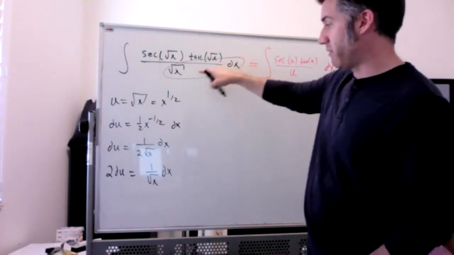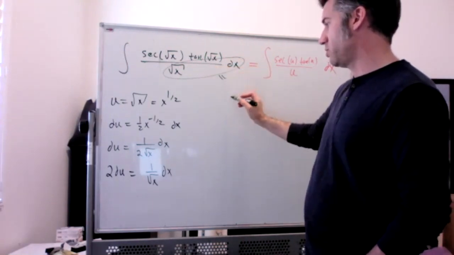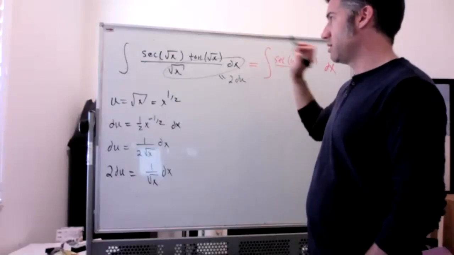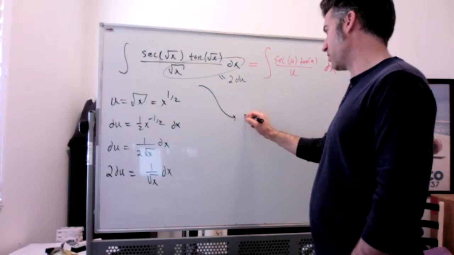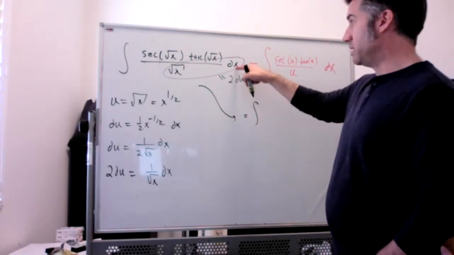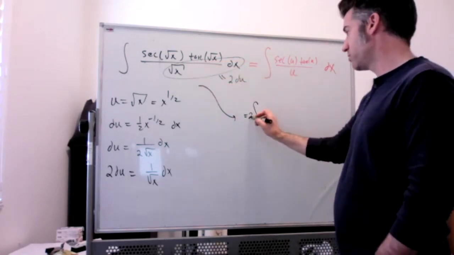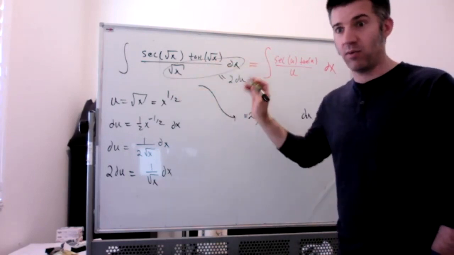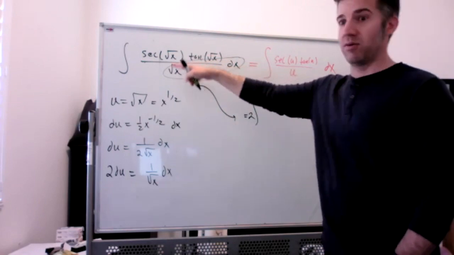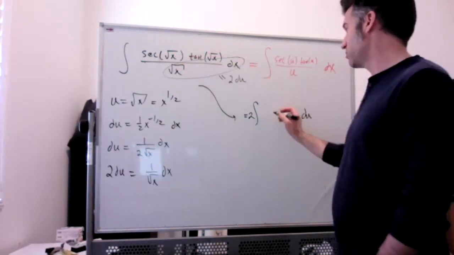So that dx divided by root x is equal to 2 times du. If I was actually going to rewrite my integral, dx over root x is 2 du. I've taken care of all the circled stuff. I no longer have to worry about it. So then the rest of the integral is secant of u tangent of u.